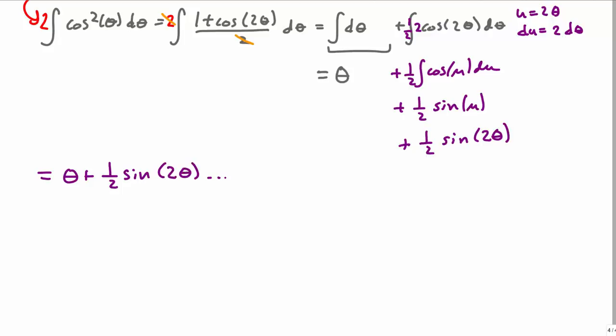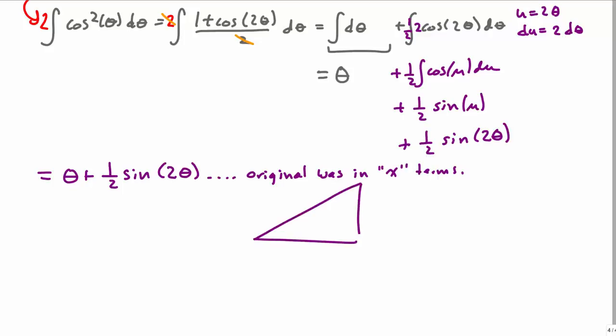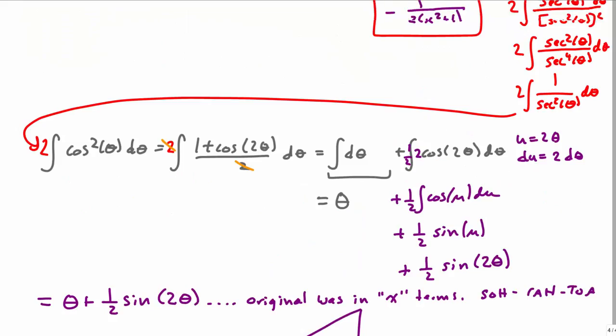Now something to remember here, our original was in terms of x. So I need to switch these back, and if you remember from our trig sub, we need this triangle to help us with that. I need to make sure it's a right triangle so I can use SOHCAHTOA. And I need to mark the angle that I'm using. Now what trig sub do I come back to?